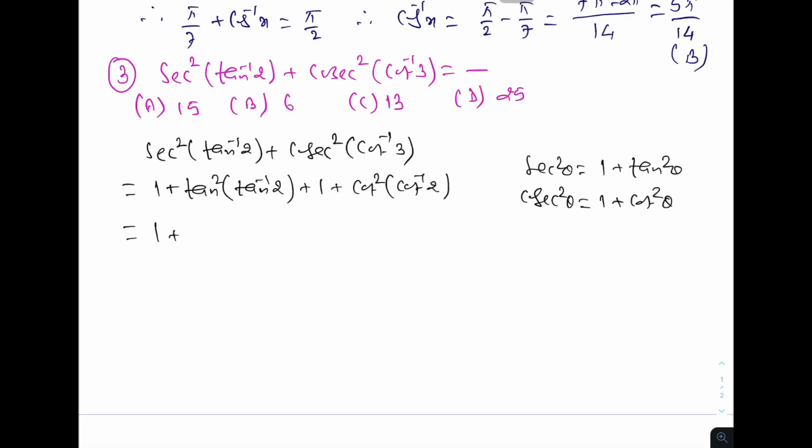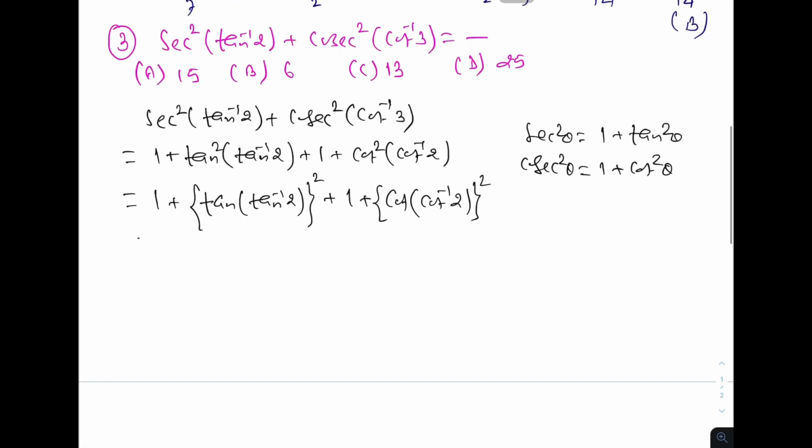So this is 1 plus tan of tan inverse 2 and its square plus 1 plus cot of cot inverse 3 and its square.